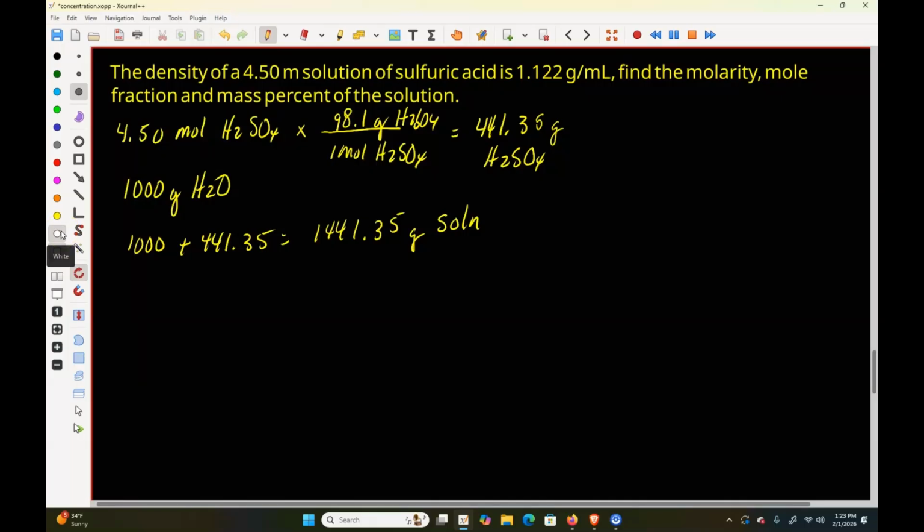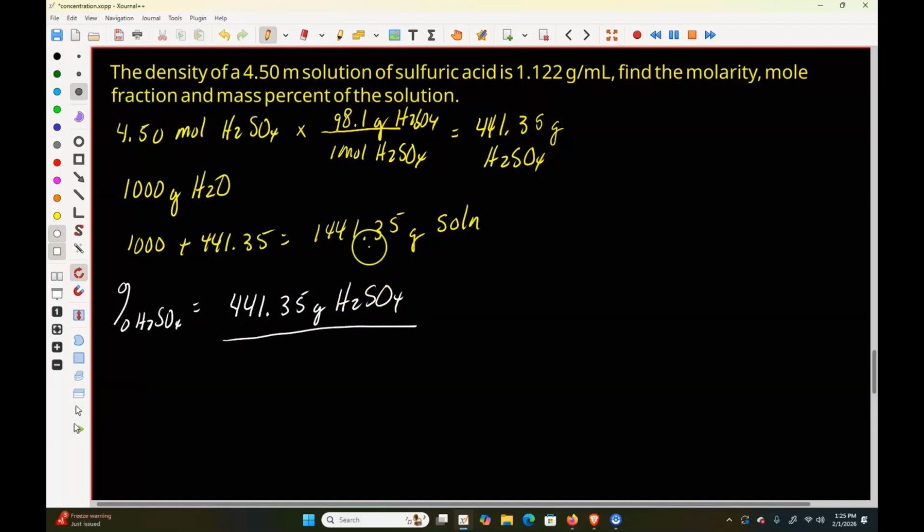Okay, I'm going to find the mass percent first. So the percent by mass for H2SO4 will be the mass of the H2SO4, which is 441.35 grams, divided by the total mass of the solution, which is 1441.35, times 100.